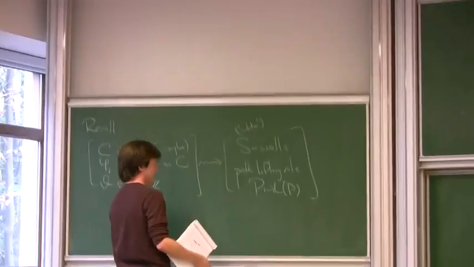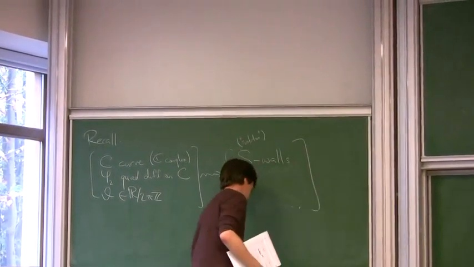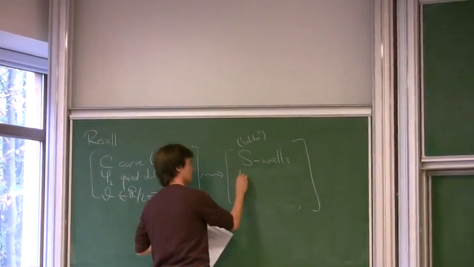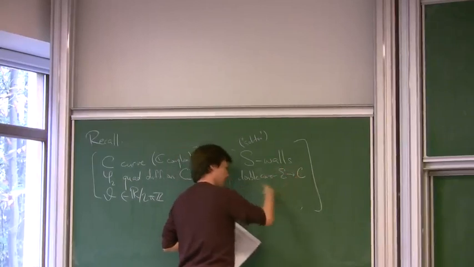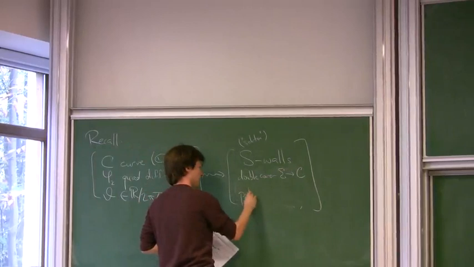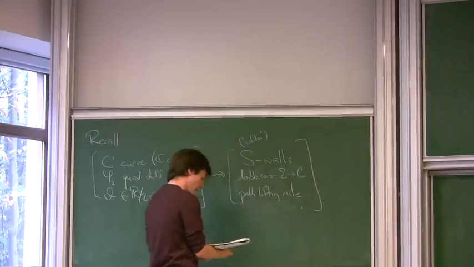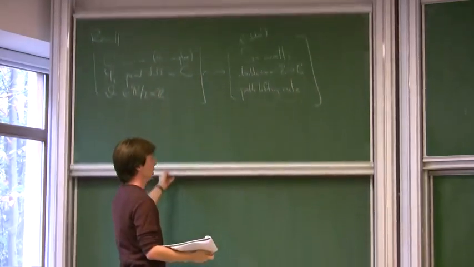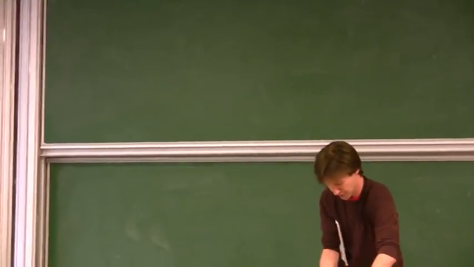So we had the S-walls, we had this canonical double cover, the spectral curve, a double cover of C that was determined using phi 2, and then we have this path lifting rule. I won't rewrite all the definitions, but remind you of what the relevant pictures were.